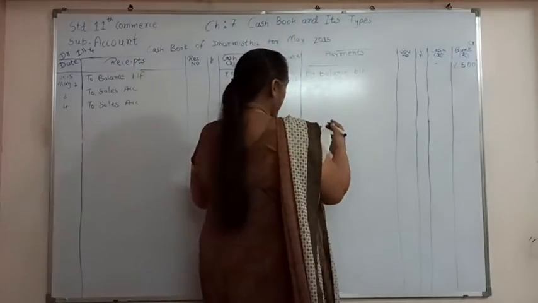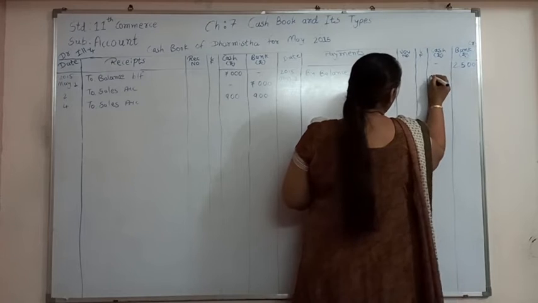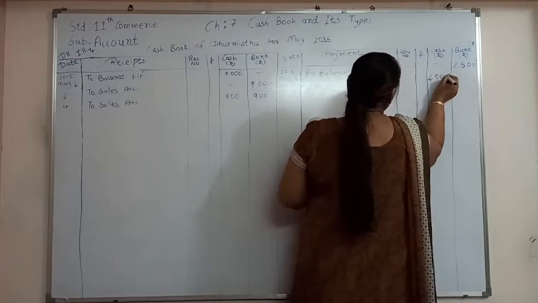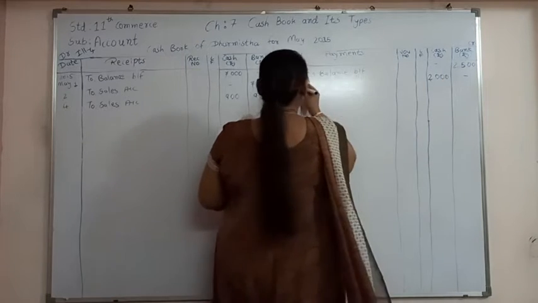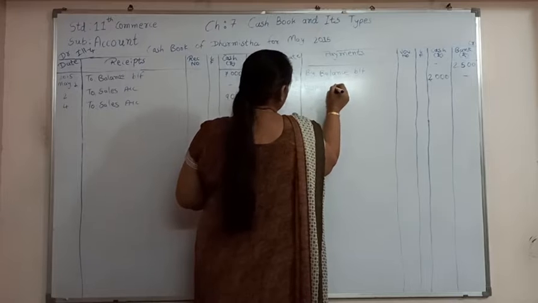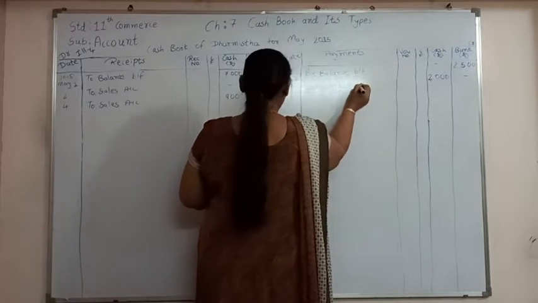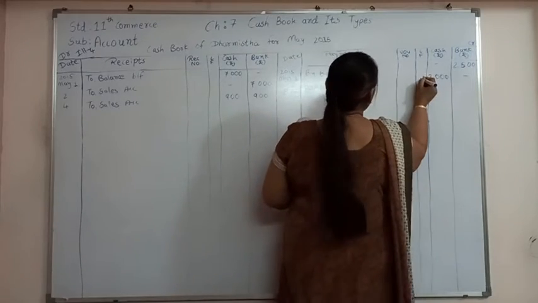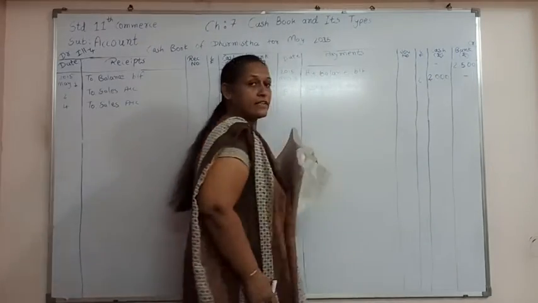So we are going to credit the cash account by 2,000, and here we are going to write by bank account. This is for the 5th date, and as it is a contra transaction, we are supposed to write C.